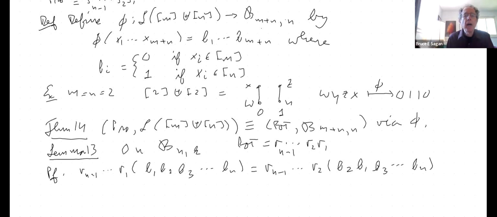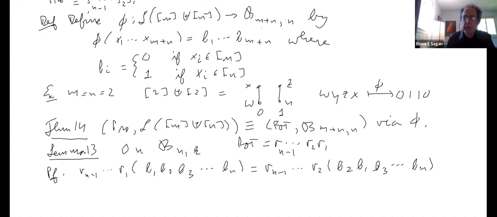Okay. Now I apply R2. What does R2 do? It switches the second and third bits. Yes, exactly, good use of the chat. You switch B1 and B3.